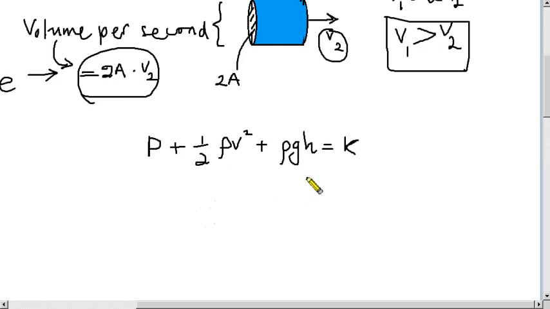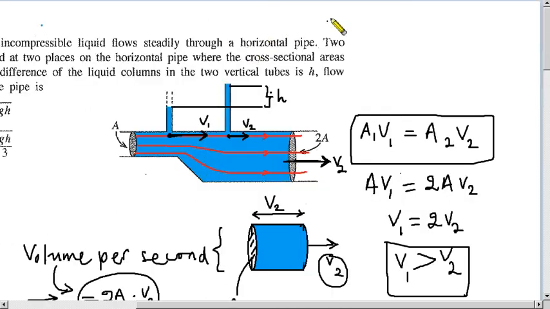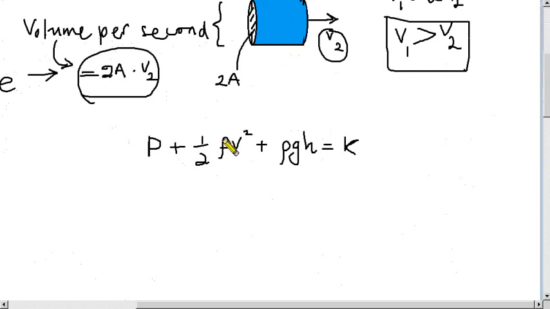So here the points are at the same horizontal level, this point and this point. Let's use another color, otherwise you can't see. Those points are at the same horizontal line. Therefore there's no potential energy difference here.